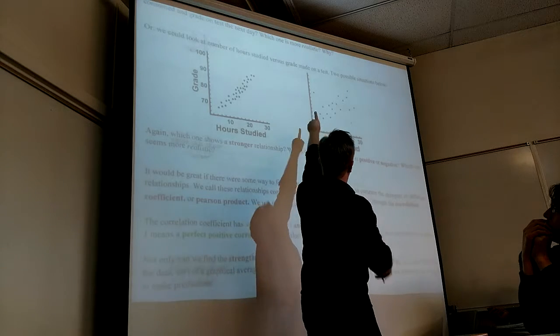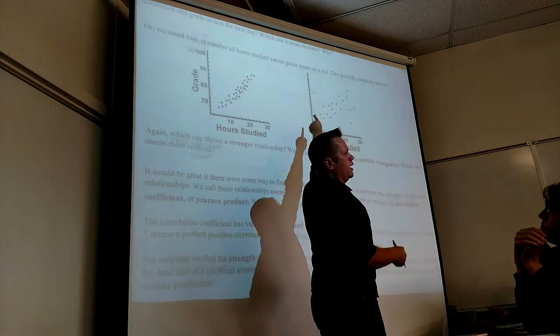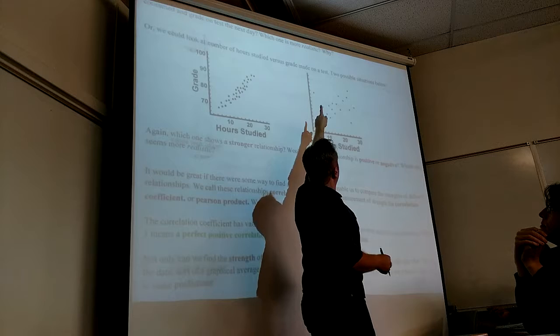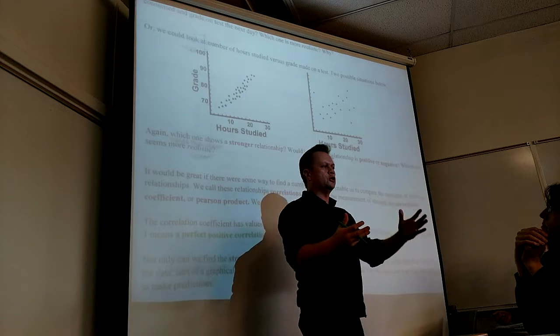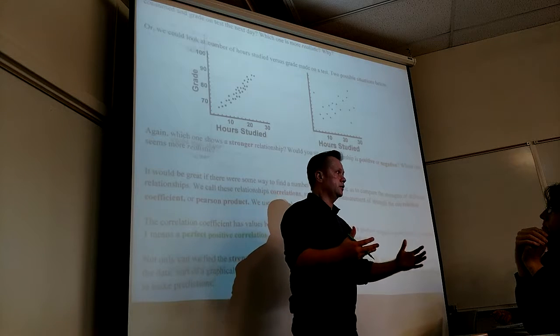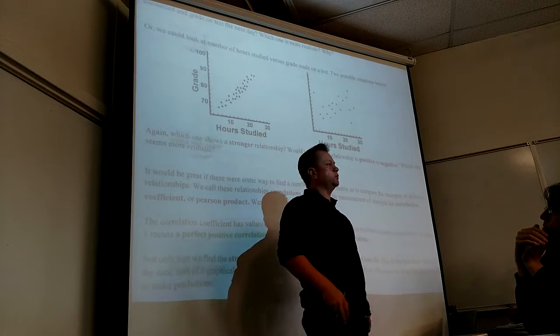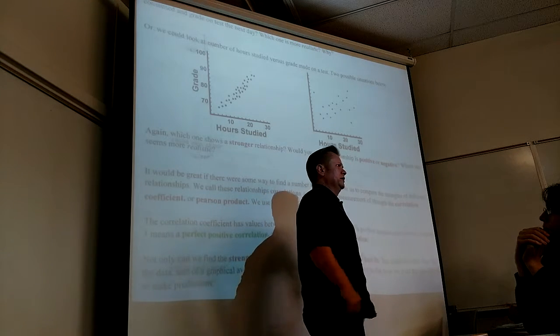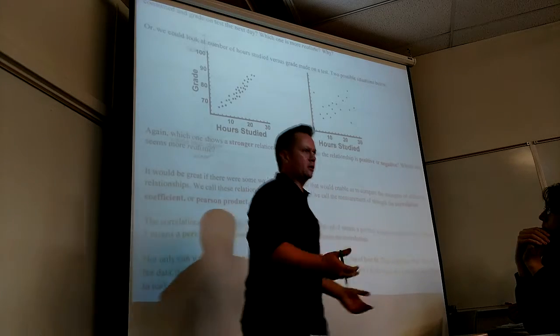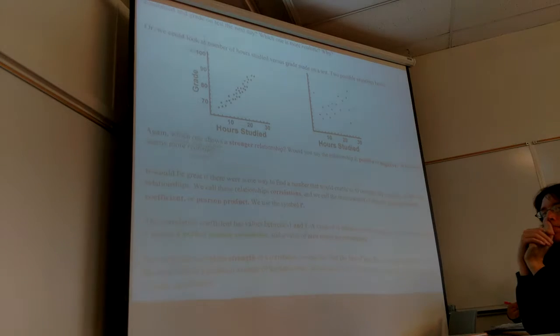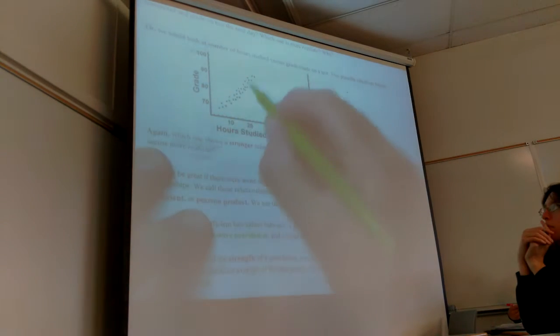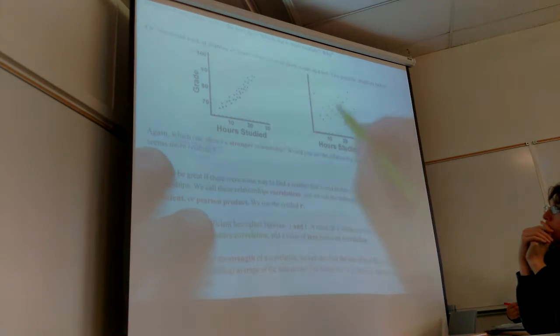And the other outlier is somebody who barely studied at all, but made a really high grade. What I always say to people is, you don't know who around you has taken this already twice, or maybe they took it in high school already and just have to take it again in college. So do not compare yourself to other people. So again, this is a stronger relationship, but this is more realistic.